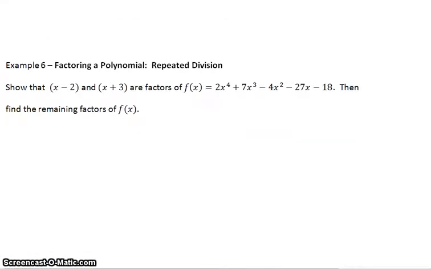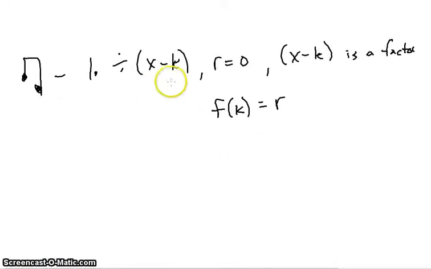The last thing that it's good for, and I'm going to write this down, is first of all, if you're dividing by something, if you get a remainder of 0, then whatever you're dividing by is a factor. You can also use this to discuss what this is as a function value.